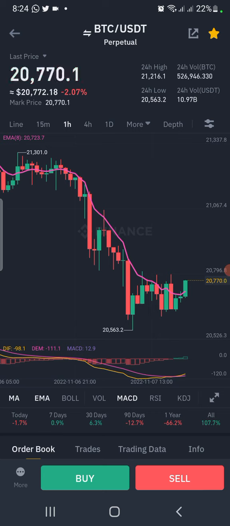But then it went back again to take out the stop loss, grab liquidity, and then start pushing up again. You see why it's not advisable to go against the trend. If someone was in a long position, the person would have been taken out, especially if their stop loss is tight.